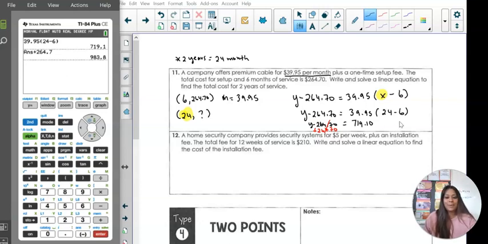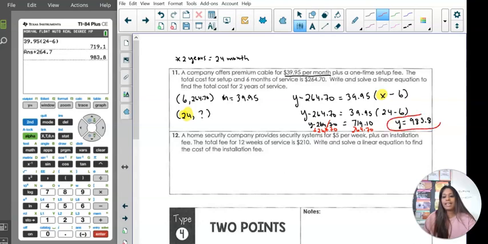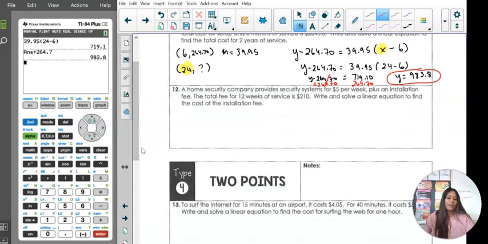So it looks like the total cost is going to be $983.80. So that's my answer. So the total cost for 2 years or 24 months is $983.80.